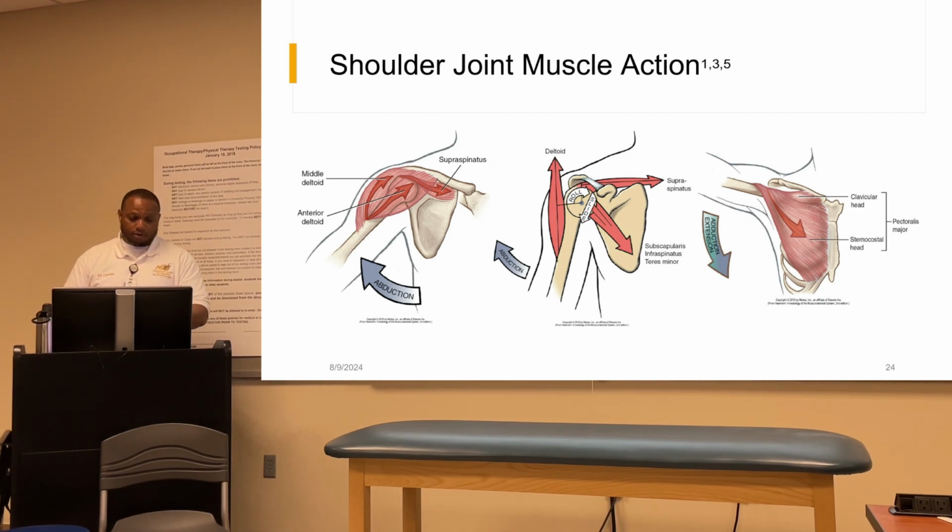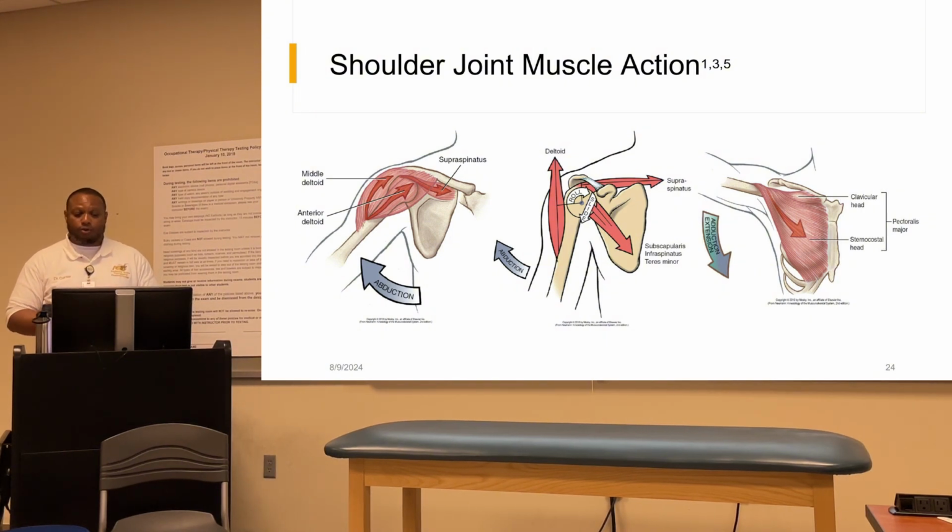We talked about the middle deltoid and supraspinatus being coronal abductors. And middle deltoid and anterior deltoid working together to achieve coronal abduction. And so basically for coronal abduction, all of the deltoid muscles work together.